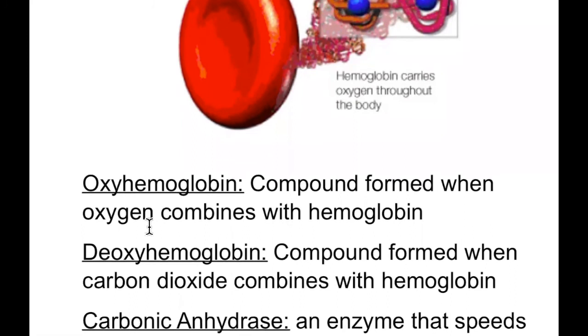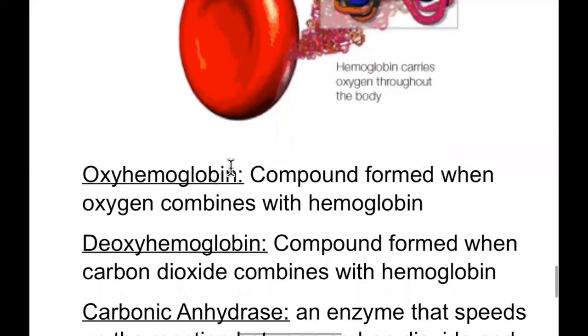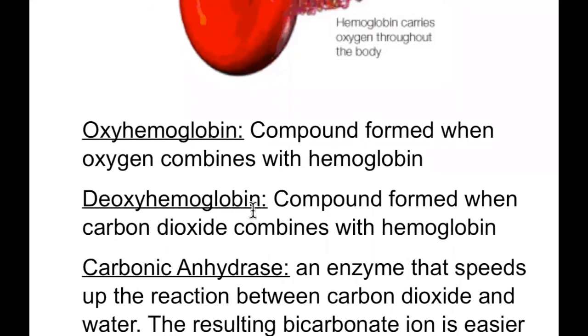And when the carbon dioxide binds with the hemoglobin, it becomes deoxyhemoglobin. D means to undo, undone, right? So it was hemoglobin, releases the oxygen, picks up a carbon dioxide, and now it has been deoxygenated. It is deoxyhemoglobin. Compound formed when the carbon dioxide combines with hemoglobin.